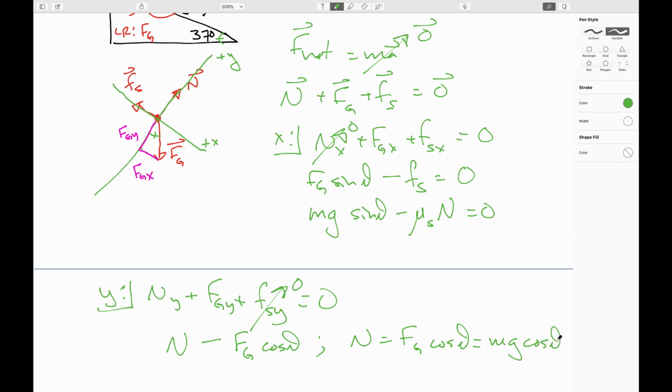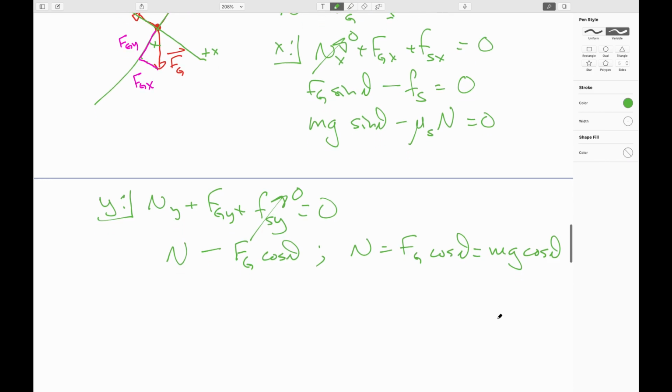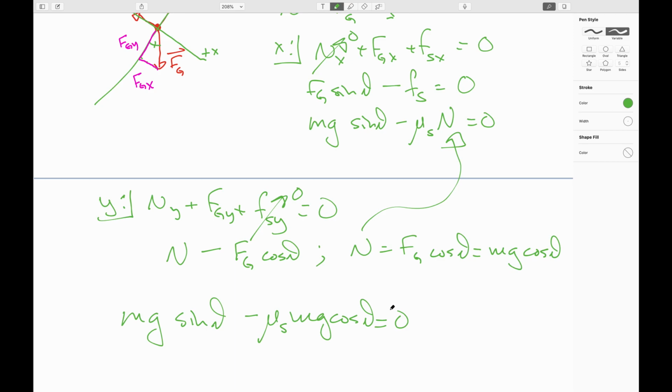All right, so now we can put that into there. That's going to give me mg sine theta minus mu s mg cosine theta equals 0.